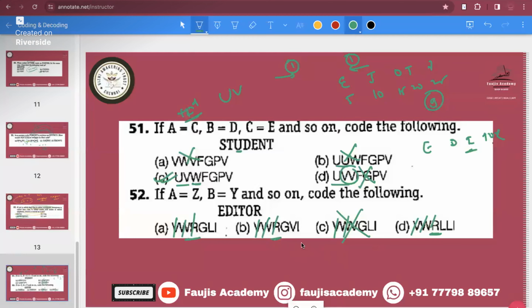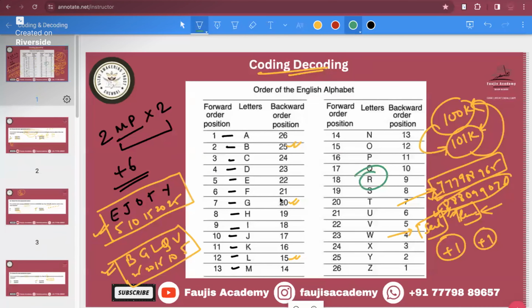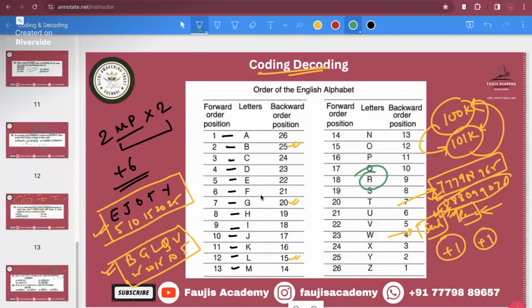Then the next one, T. T is like 20. The 20th one from the right hand side. Which one is the 20th from the right hand side? It is your G. G from the right hand side, backward position.